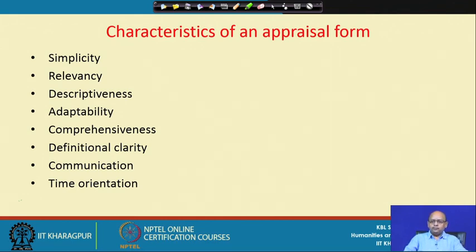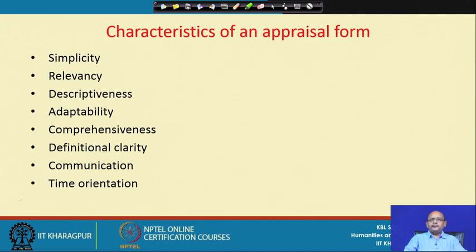So, for each item, if you are giving a description of what it means to say not at all or to a great extent, probably that would help the rater to better evaluate the performance of the individual. And make sure that you are able to adopt it. What I mean to say here by adaptability is that yes, you are going to make use of it for the purpose for which you have developed it. Otherwise, if you are not able to adopt it, probably you will not be able to use it.